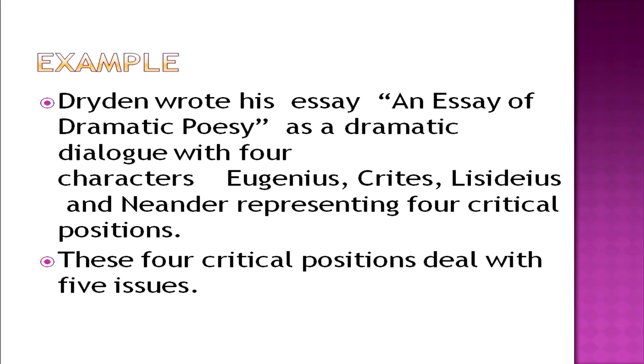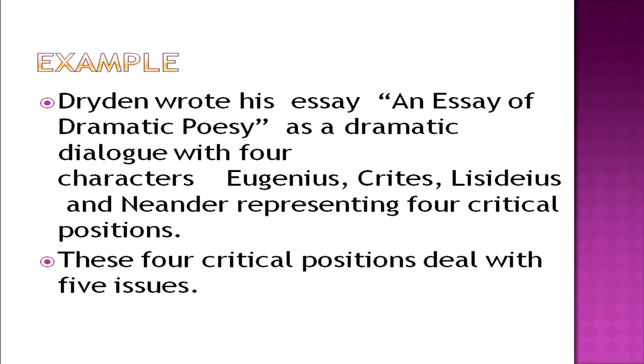As an example, we can cite "An Essay of Dramatic Poesy" by Dryden. This essay is a dramatic dialogue with four characters: Eugenius, Crites, Lisideius, and Neander, representing four critical positions.